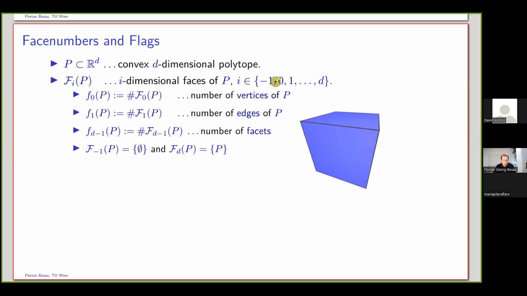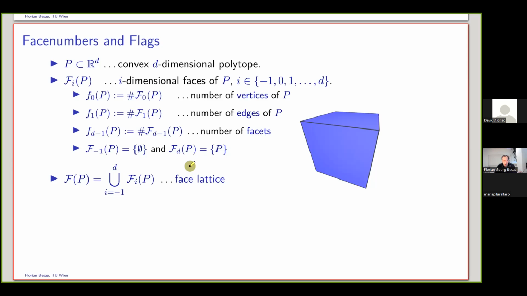In this way, you actually generate what's called the face lattice, which is a graded lattice where you have sort of the root, which is the empty set, and you have the top, which is the polytope itself, and for each dimension of the face, this can be seen as a rank function. So you have a ranked lattice, a very nice lattice structure, right?